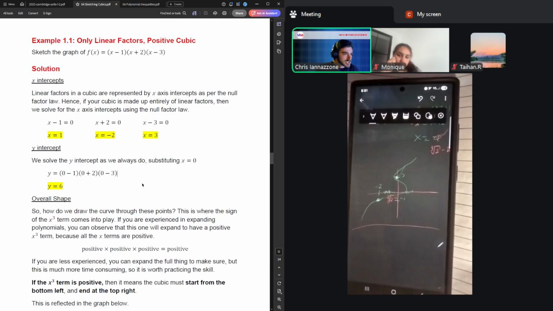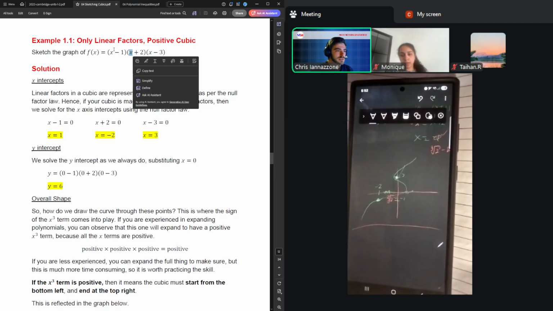All we have to do now is figure out the overall shape of it, whether it's a net positive cubic or a net negative cubic. And the way you do that is by looking at the signs of the x terms in your function, and there might also be a negative at the front of it as well, up here. You're essentially going to imagine expanding it all the way out, and then infer what the net sign would be.